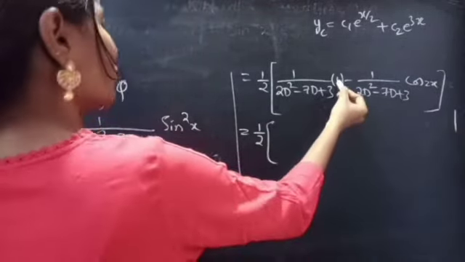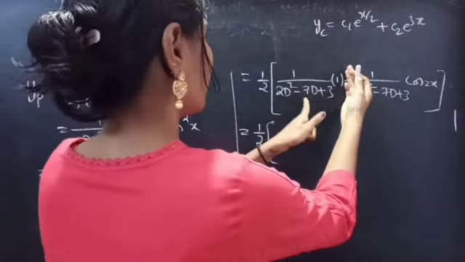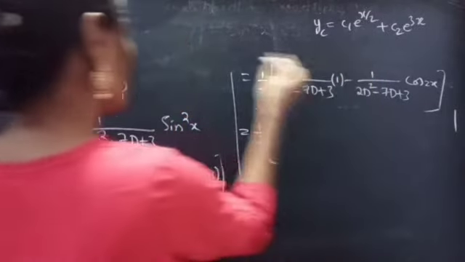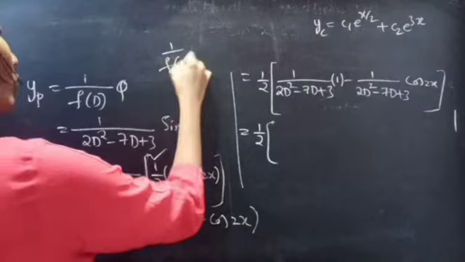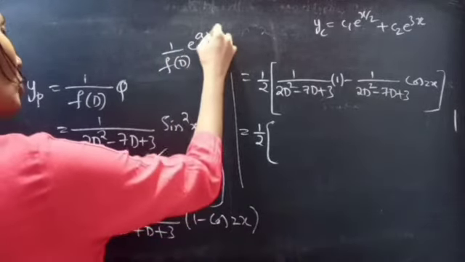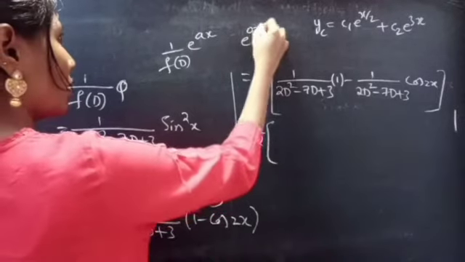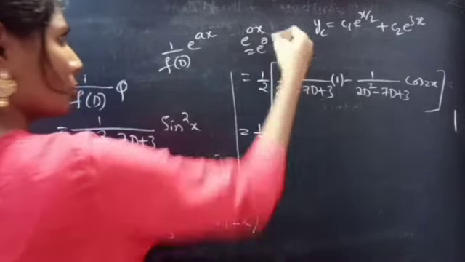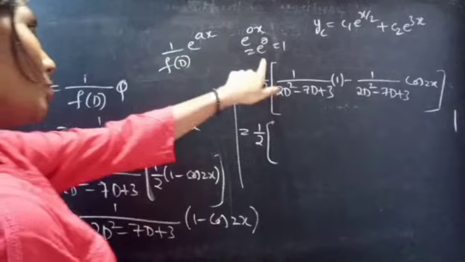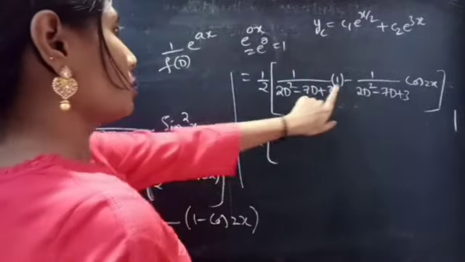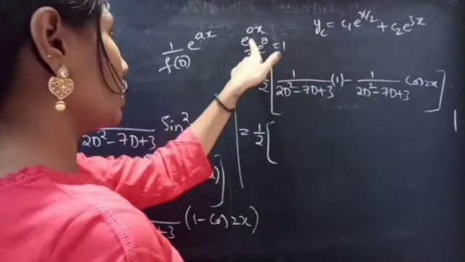Here we have 1, which is of 1 by f of D into some constant, so we'll write it in 1 by f of D into e power ax form. For a equals 0, we get e power 0x, which is e power 0, which is 1, right? Since e power 0 is 1, we can replace 1 by e power 0x.